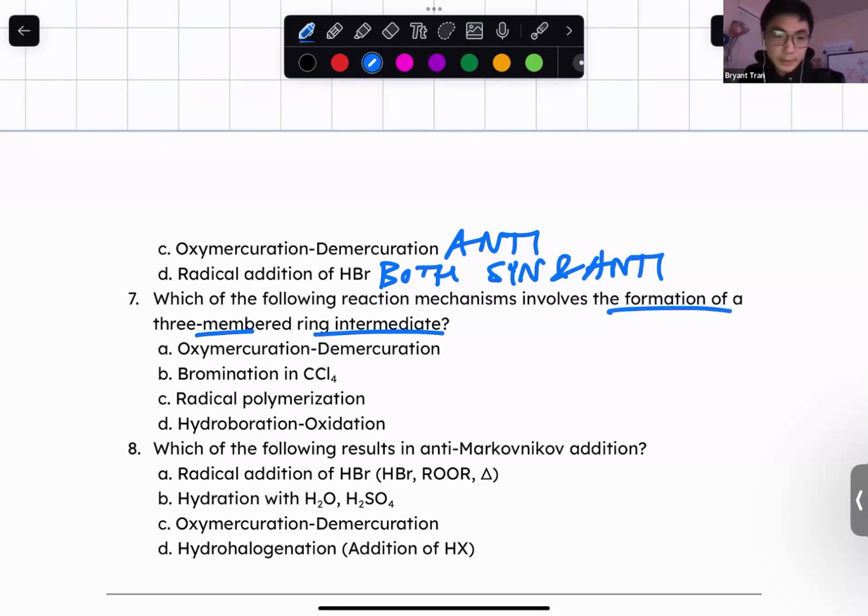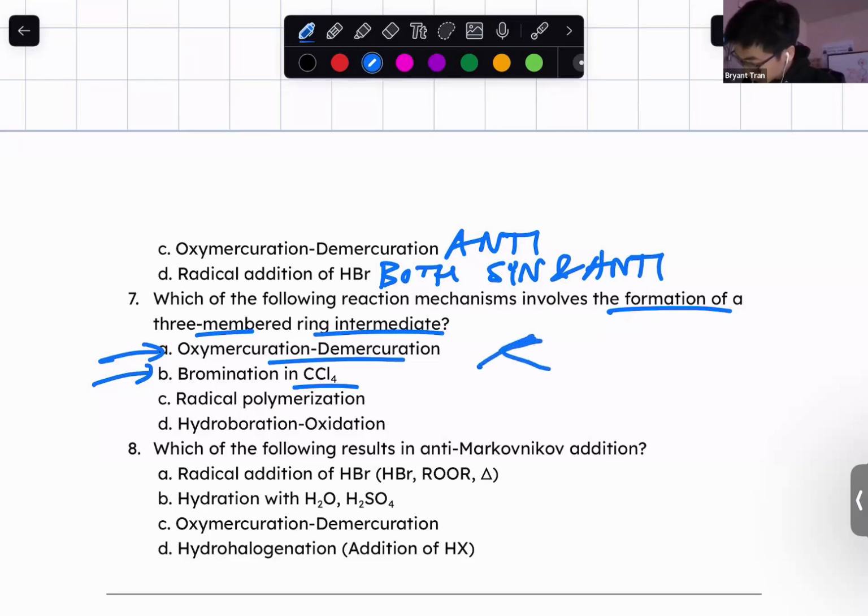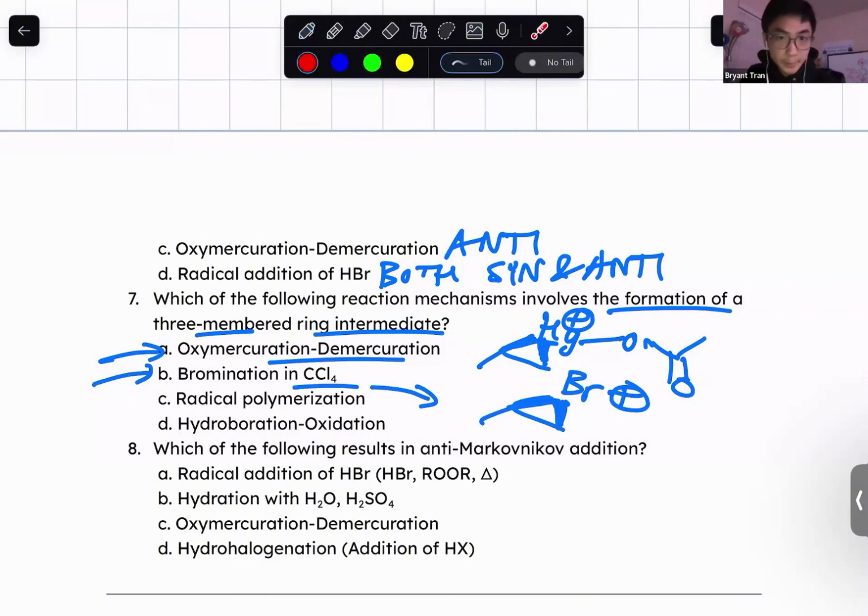Okay. Which of the following reactions involves a formation of a 3-membered ring intermediate? This one here has 2 correct answers, right? It's going to be oxymercuration-demercuration and bromination in CCl4. The oxymercuration-demercuration goes through this mercurinium ion ring, where that's OAc, and the bromination goes through this bromonium ion ring here, where we have a bromine in the middle with a positive charge, like that.